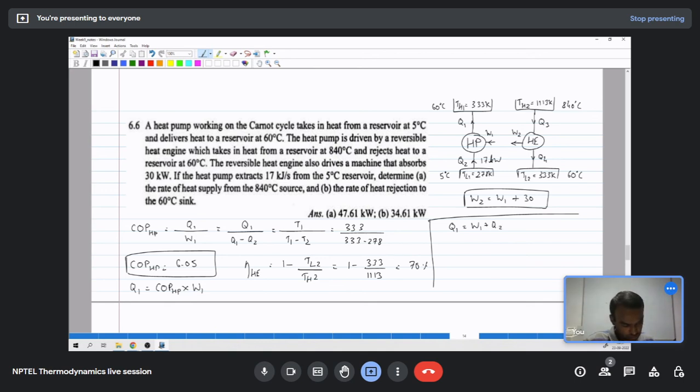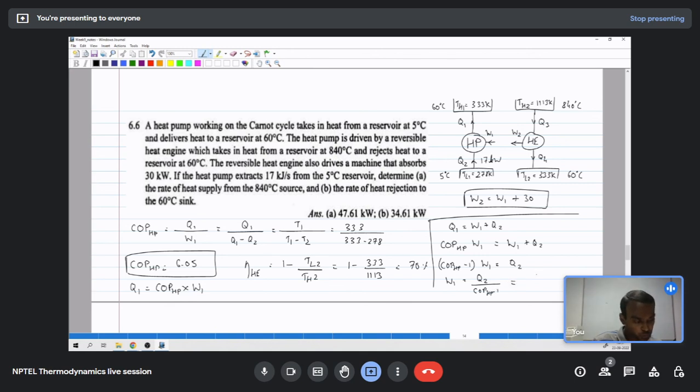So substituting the Q1 value from the COP expression, we have COP HP into W1 is equal to W1 plus Q2. So which means COP heat pump minus 1 into W1 is Q2. So W1 is Q2 by COP heat pump minus 1.